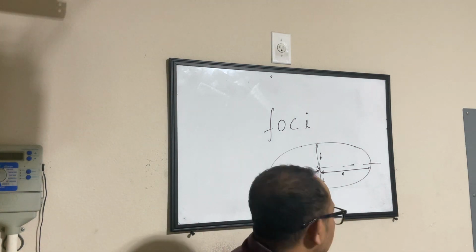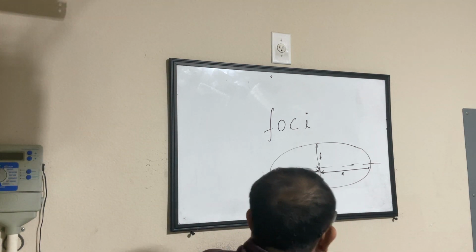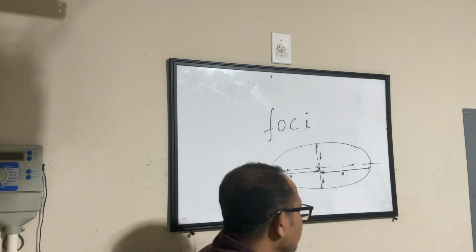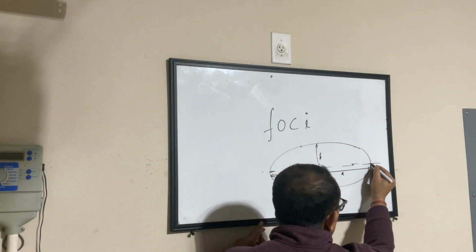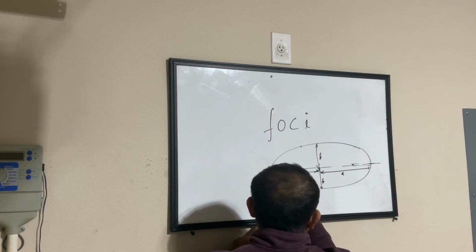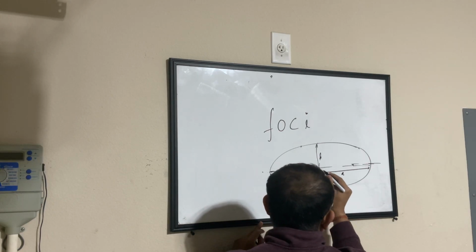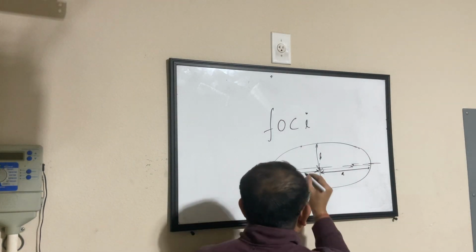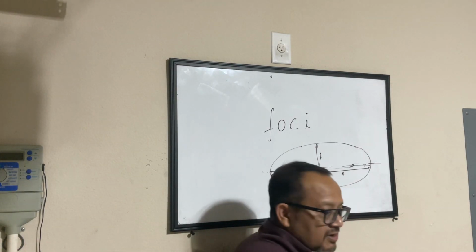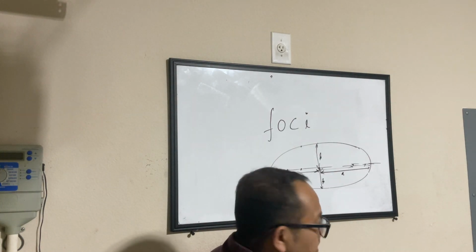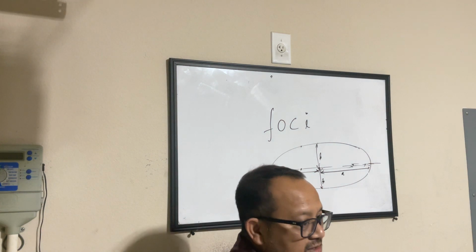Now, these are 2 symmetric points. Symmetric as in the distance from here to here is the same as the distance from here to here. Likewise, the distance from here to the origin or the center would be the same as this distance also. So these are 2 symmetric points along the major axis.